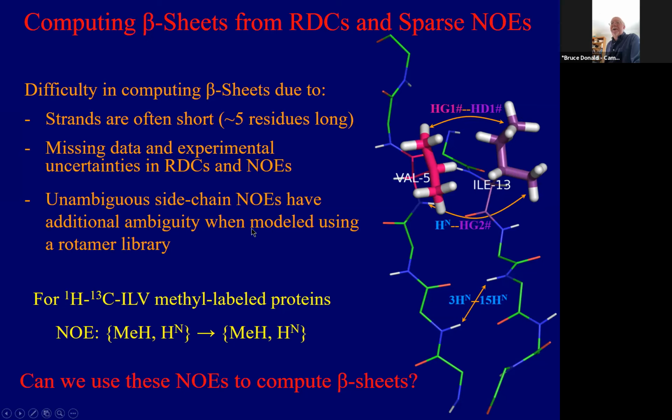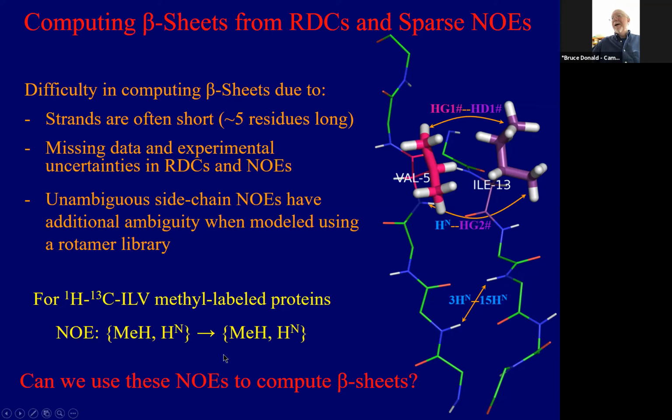And so we actually went to a scheme that was more complicated experimentally. First of all, how would you even get unambiguous sidechain NOEs? Well, we have to go to a scheme where we methyl label only the isoleucine, leucine, and valine. And then you would get NOEs between methyl protons and amide protons, right?